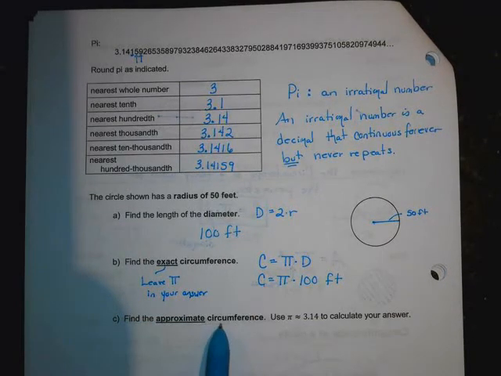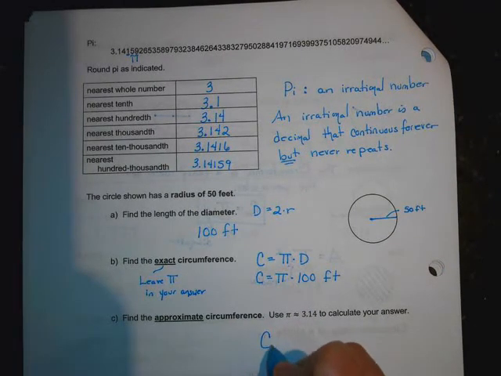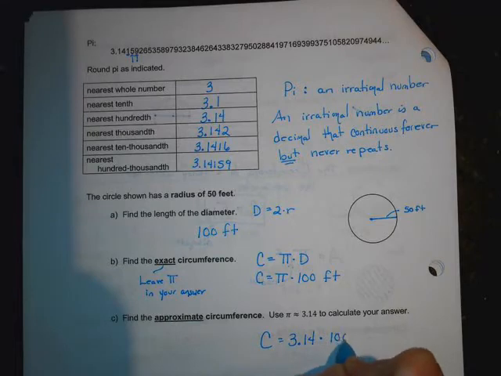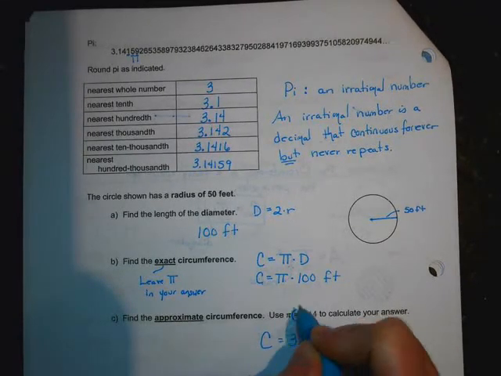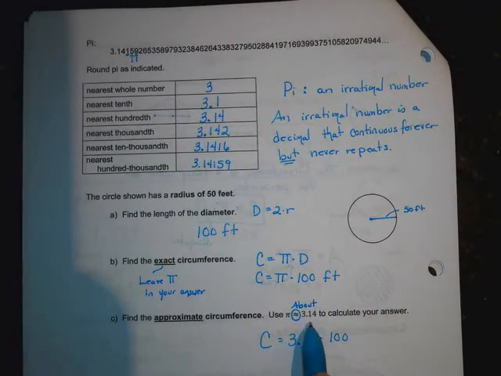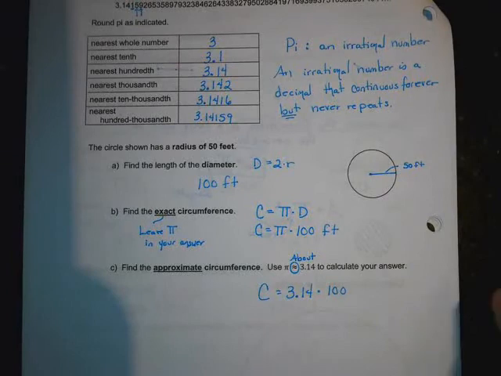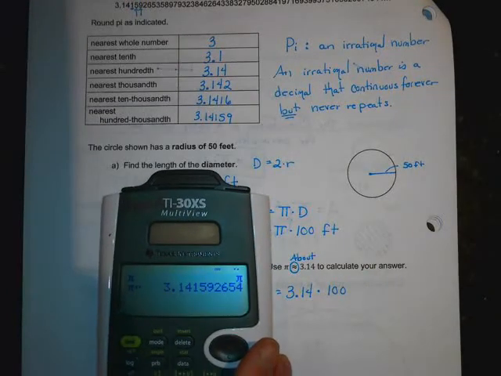And then to approximate the circumference, they're going to say, okay, instead of that symbol pi, let's use that it's about, that's what this means. That means about, or really close to, 3.14. And then you can use your shortcut rule and shift the decimal 2 places to the right, or let's just go 3.14 times 100.